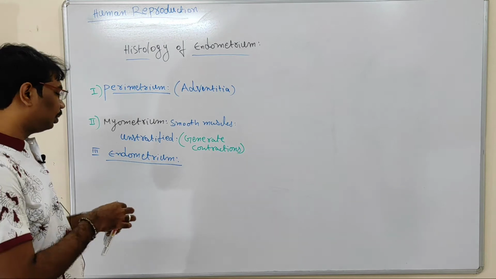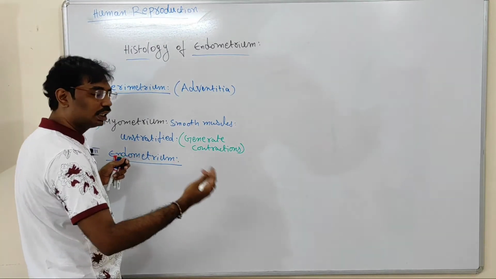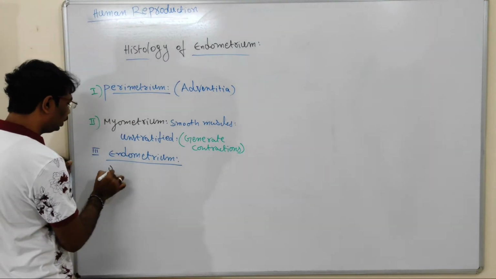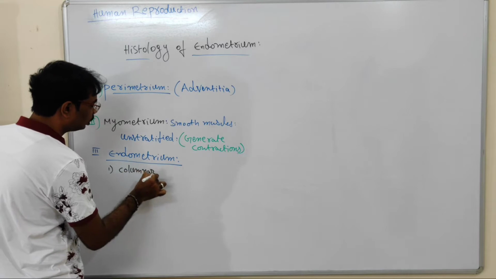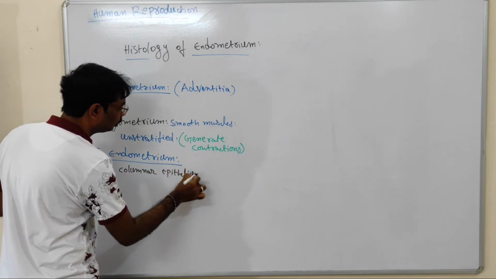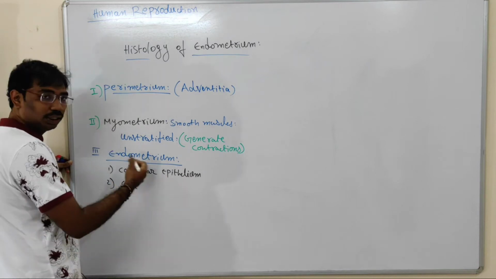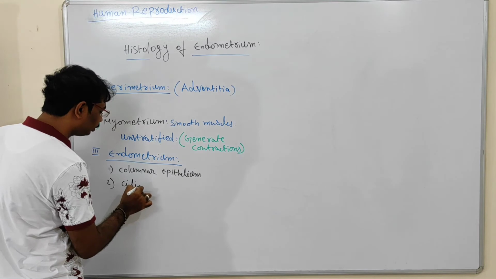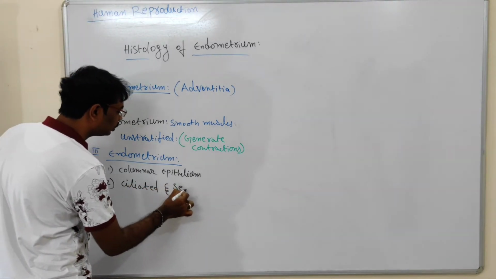These columnar epithelial cells are ciliated and secretory cells.